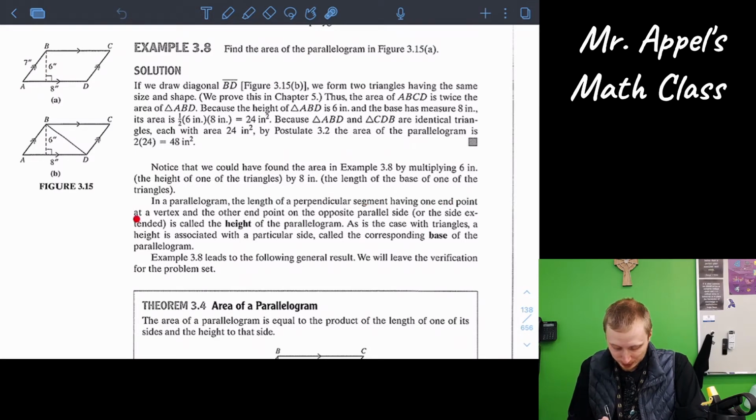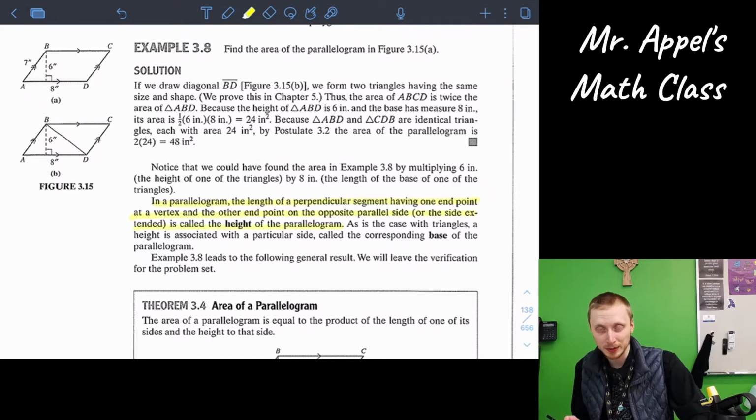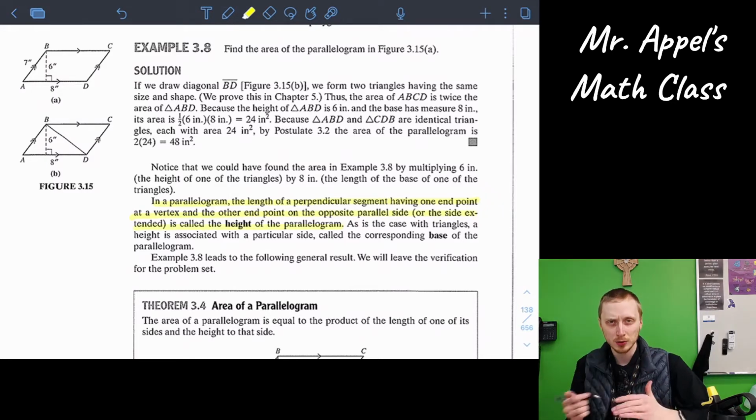One end point is at a vertex, right there, and the other end point is on the opposite parallel side, or the side extended, is called the height of the parallelogram. Okay, so very technical, drawn-out definition for the height of the parallelogram, the distance between two parallel sides.